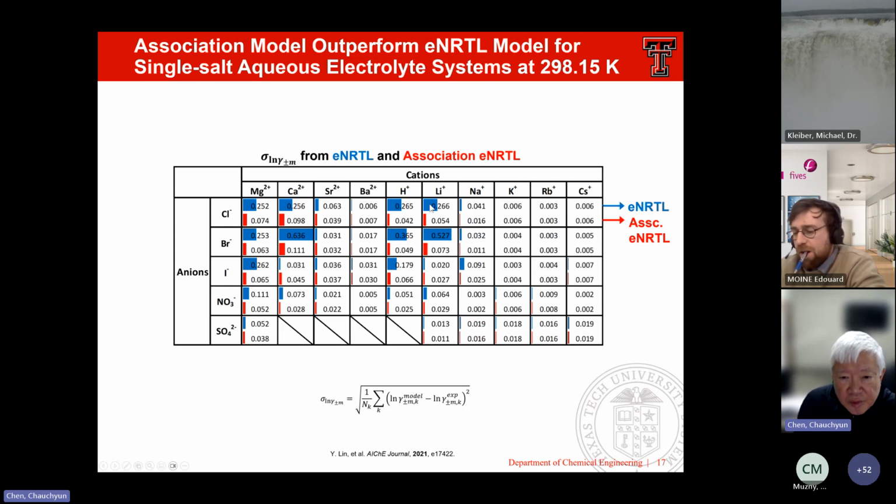But for many electrolytes made up of strong associating ions, NRTL fails, with very high root mean square error with respect to mean activity coefficient. But those high errors, such as for lithium chloride or lithium bromide, are addressed with the association model.